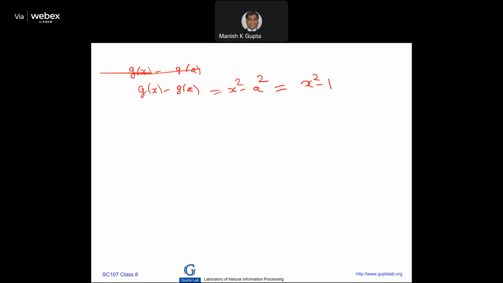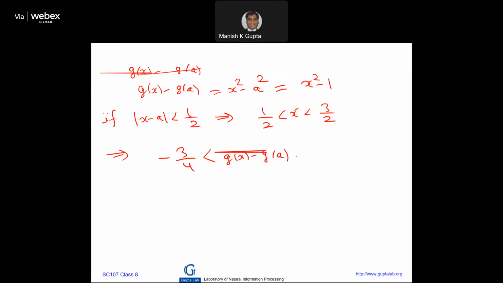Now, if delta is half, if mod of x minus a is less than half, this implies that x lies between half and 3 by 2. You can determine that, right? And so this implies that minus 3 by 4 is less than g of x minus g of a, less than 5 by 4. x square minus 1 will be lying between these two values, right?